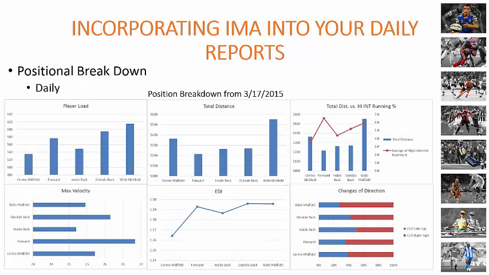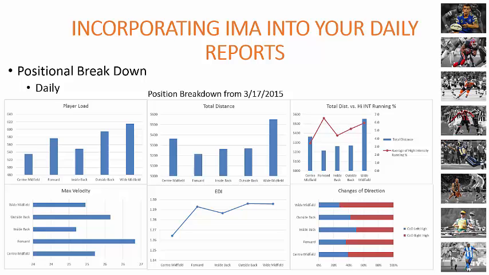Taking that a step further, we could do a positional breakdown. This is a positional breakdown for a team on 3/17/2015. Again, it's a great snapshot for a position. One thing that is really easy to understand is we can change our center midfield, our forward, our inside back.